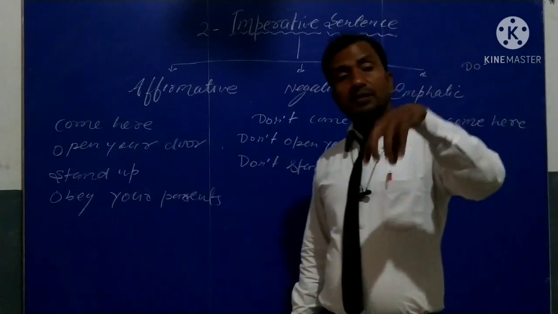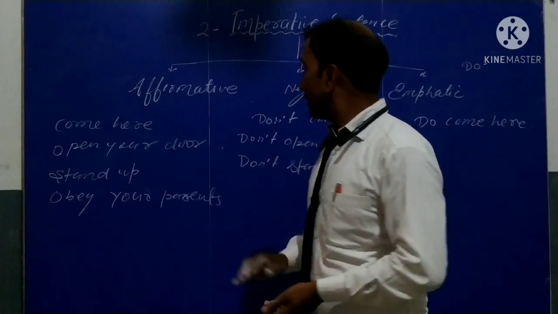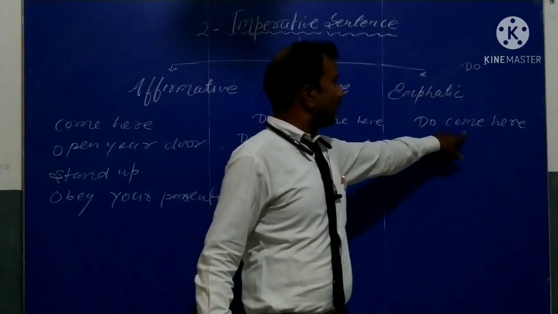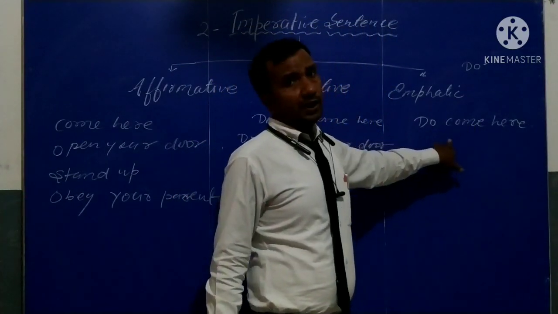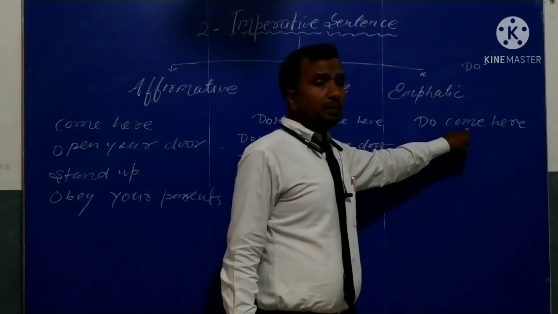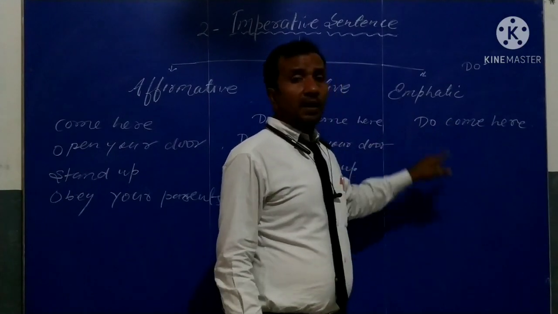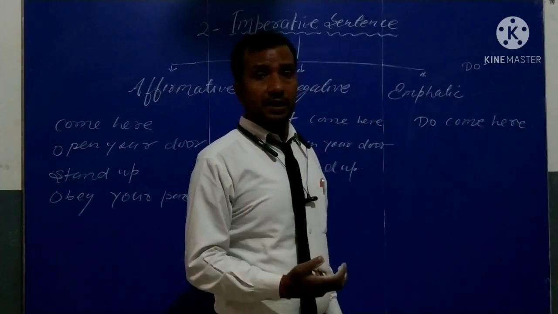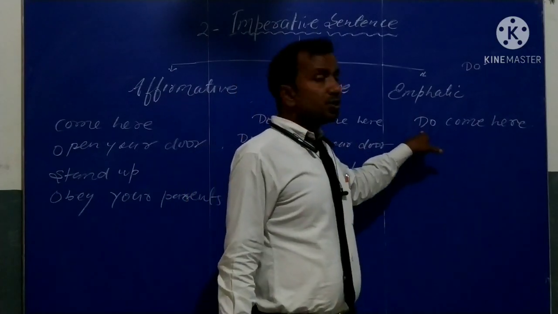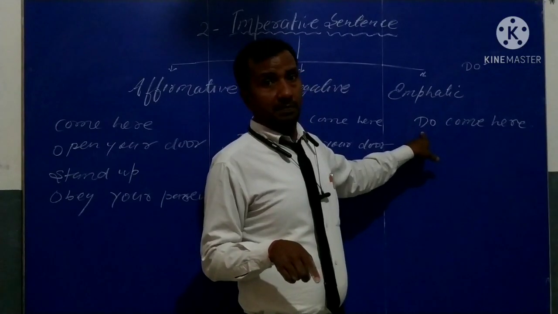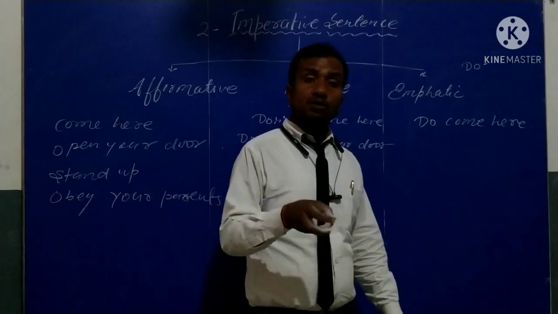Emphatic, it's emphasis on the verb. That's why whenever do is used just before the verb, come is also a verb and do is also a verb. When do is used just before the verb and in front of the sentence, not in the middle of the sentence, it is known as emphatic imperative, and it gives the sense of certainty.